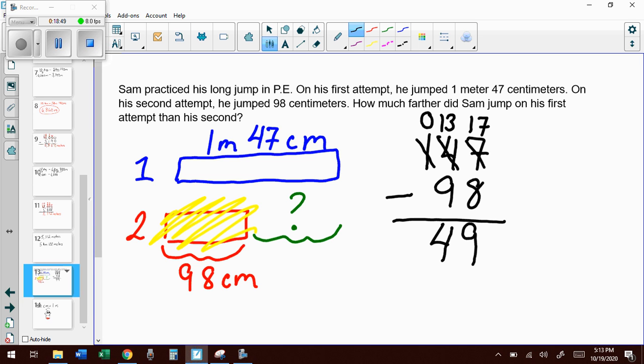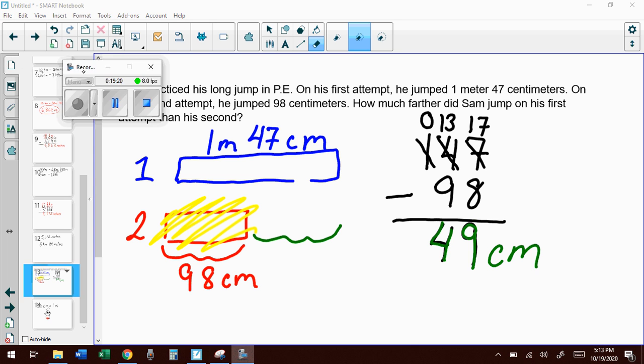So our question mark, how much farther did Sam jump on his first attempt than his second? The answer is, and should be written in green, 49 centimeters. Oh, we can leave that there. I guess.